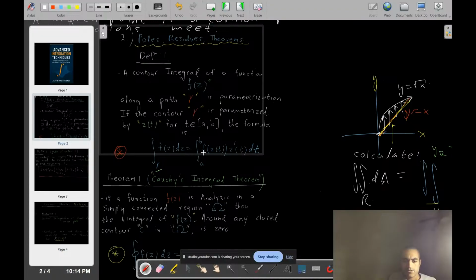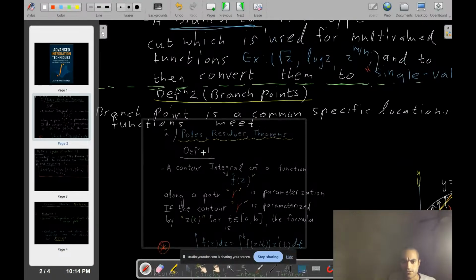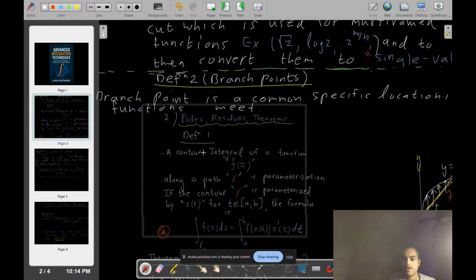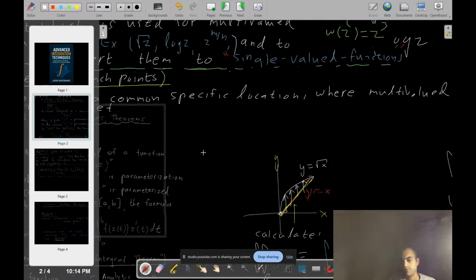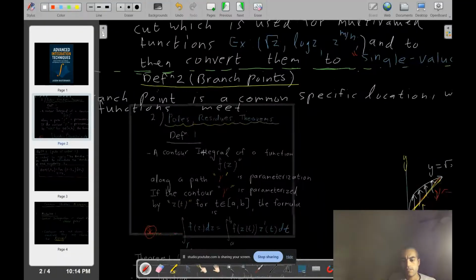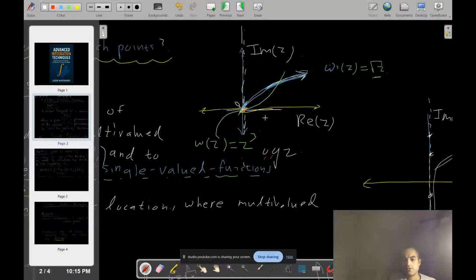All right, let's continue. So we have branch points. As I mentioned, the branch point is a common specific location where these functions meet. I gave you an example of w of z being z cubed and w of z being root z.